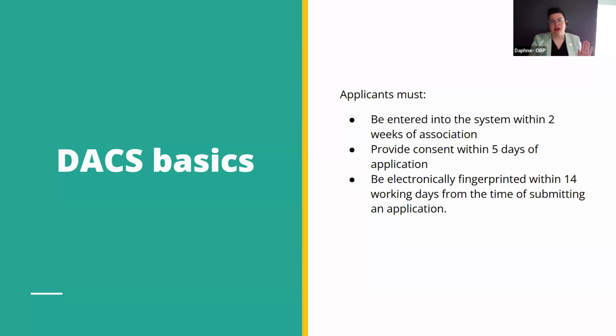This is where we get to one of those automated parts: this will close if they do not complete the disclosure within 5 days. And if they are not fingerprinted within 2 weeks from the time of submitting the application, that is when it will also close. So these are just some key time frames to remember.